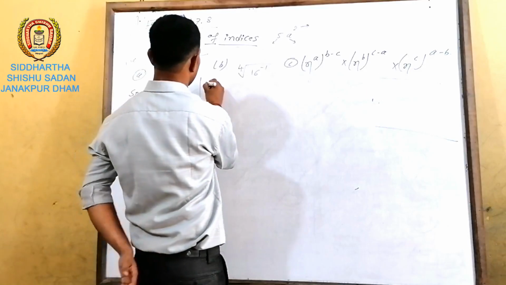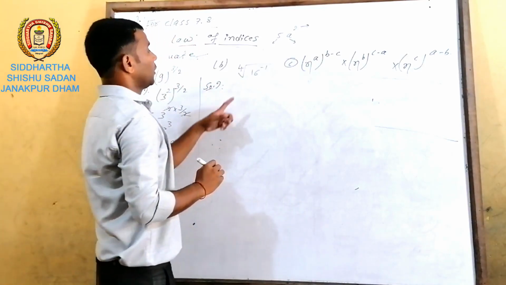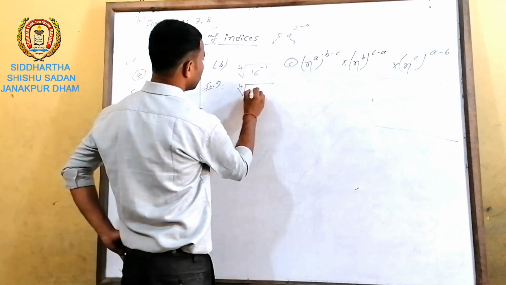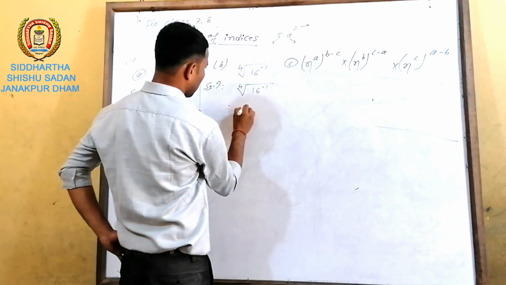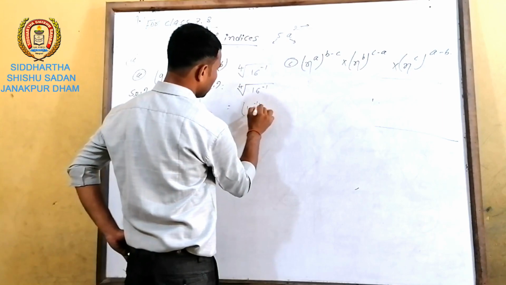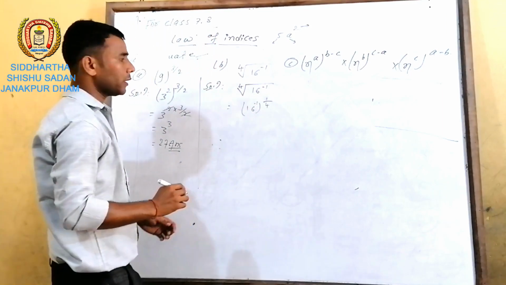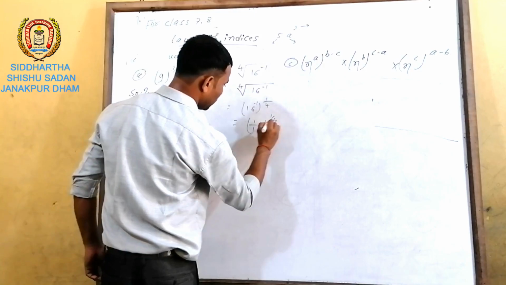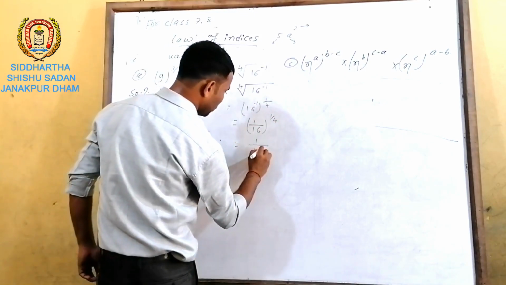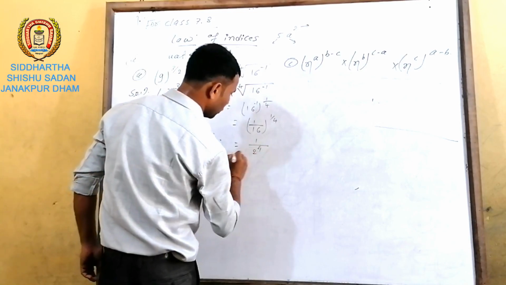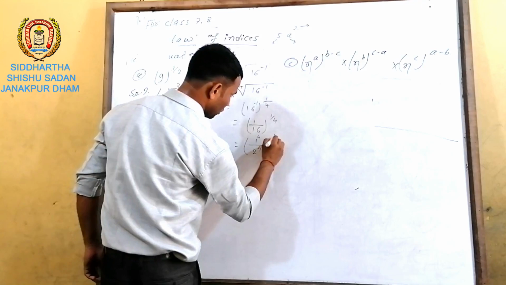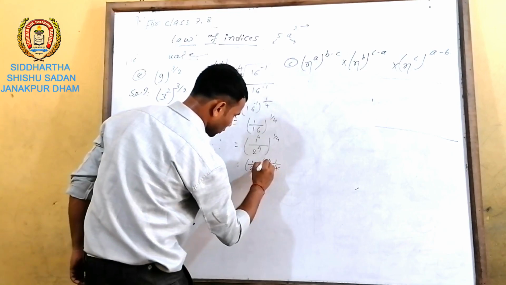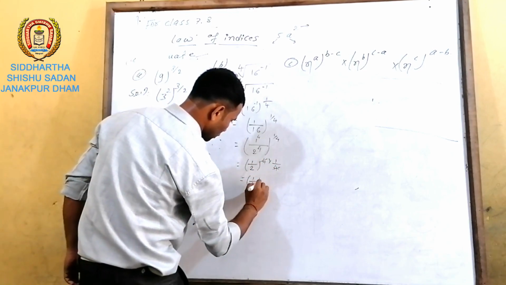Similarly, 16 root under 4, 16. Then you can write it as the fourth root of 16, that is 16 to the power 1 by 4. 16 is 2 to the power 4, so 2 to the power 4 into 1 by 4, which gives 2 to the power 1.